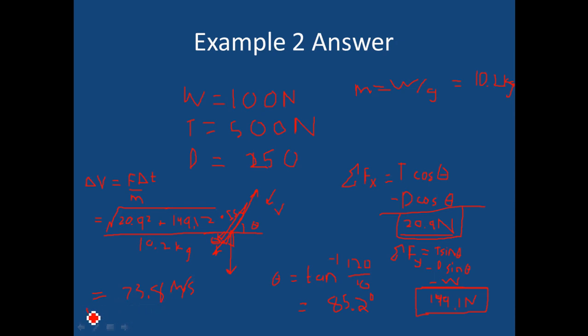So V equals V initial plus delta V, and that equals 120.4 plus 73.8, and we have 194.2 meters per second.